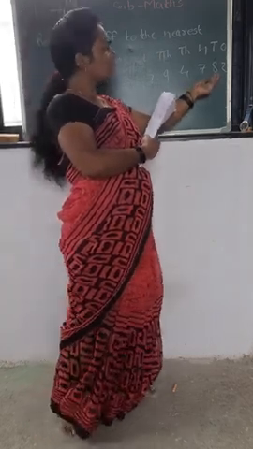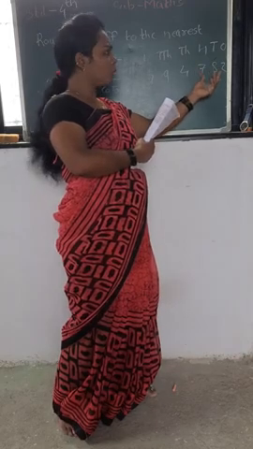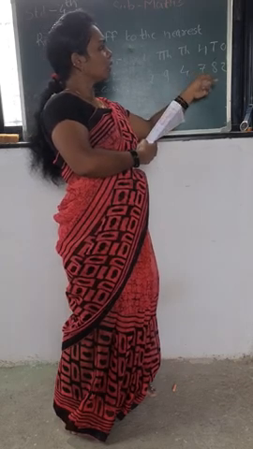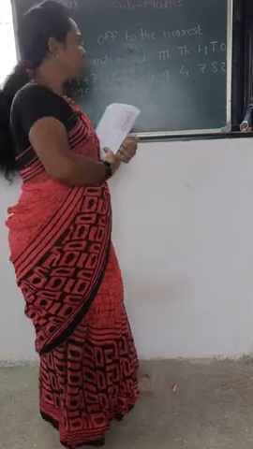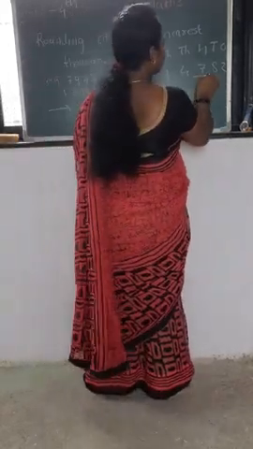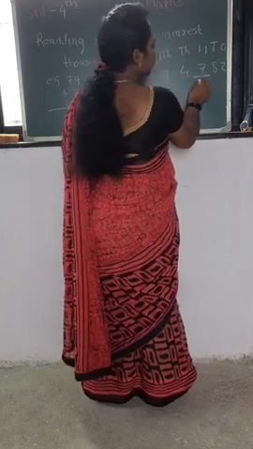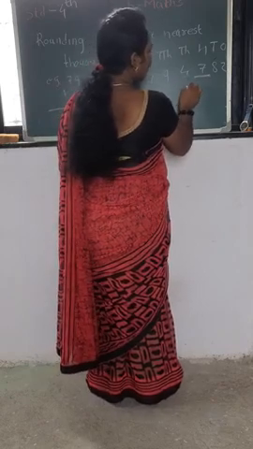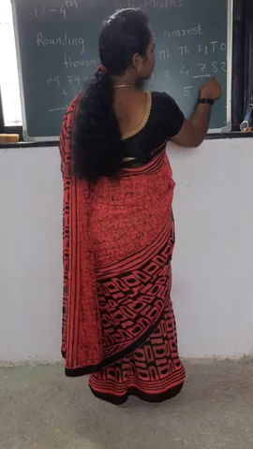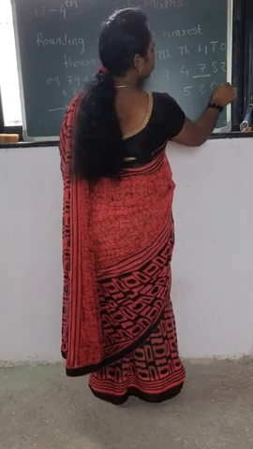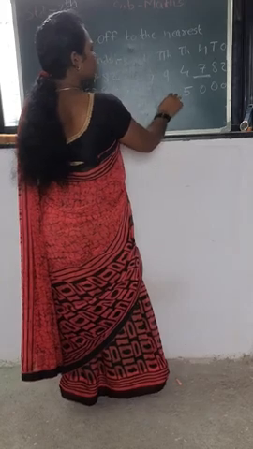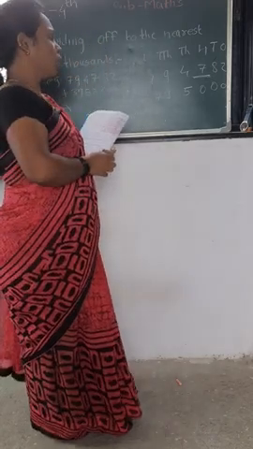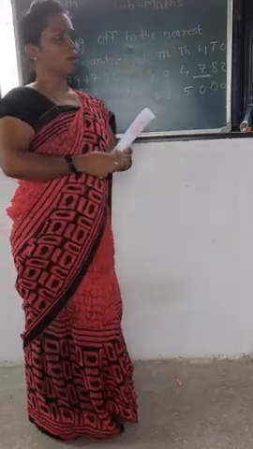If the hundreds place digit is greater than or equal to 5, then add 1 to the thousands place digit and make the hundreds, tens and ones place digits 0. The hundreds place digit is 7, so add 1 to the thousands place digit, that is 4 plus 1 is 5, and keep the hundreds, tens and ones places 0, and the remaining digits are the same. Then the rounded off number is 7,95,000.